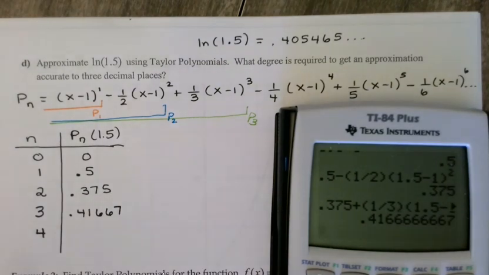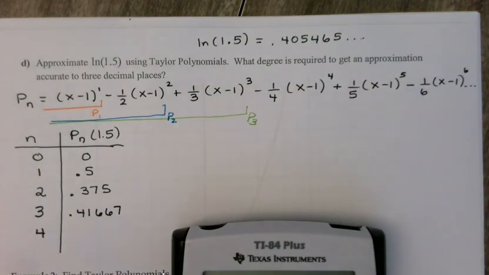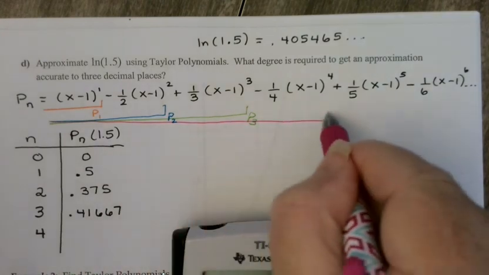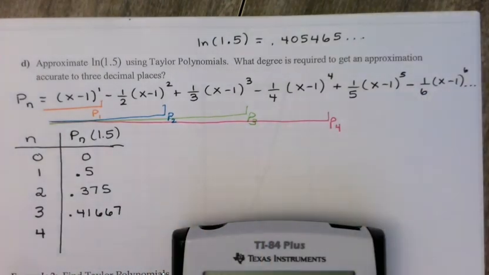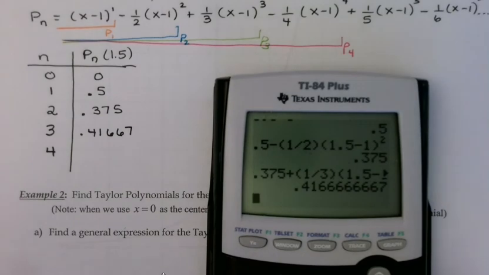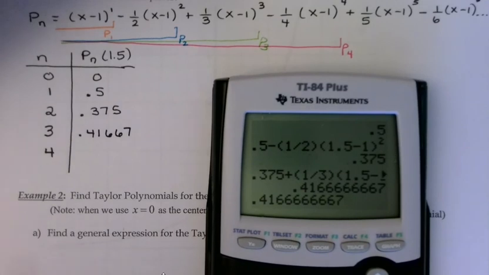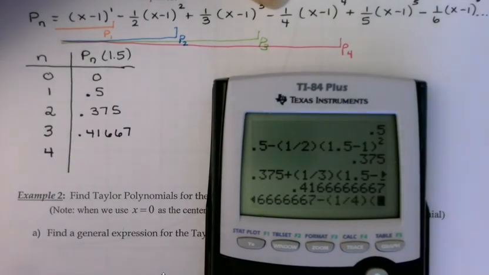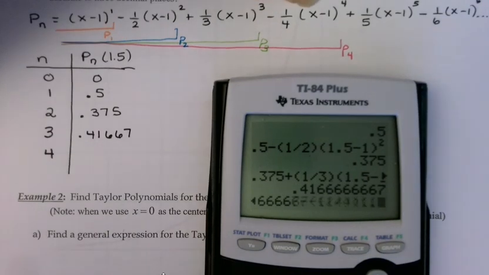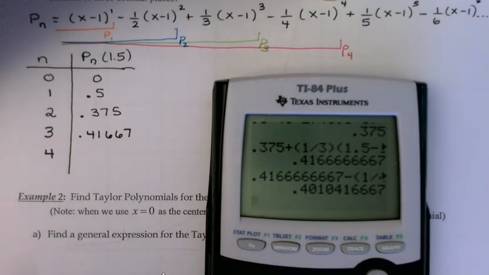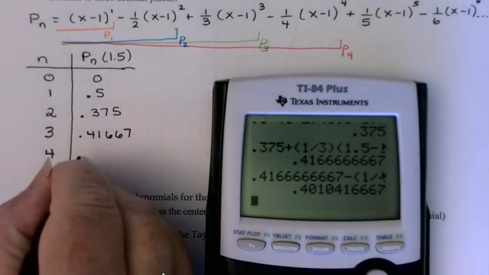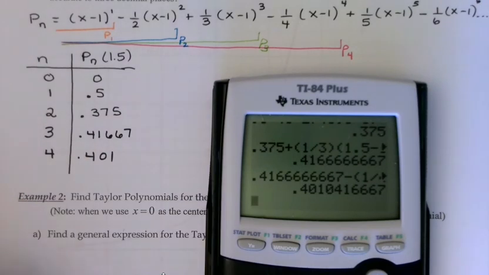All right, n equals 4. I've got to go out to here. So everything I already had, and this time I'm subtracting 1/4 times 1.5 minus 1 to the 4th power. 0.40104.